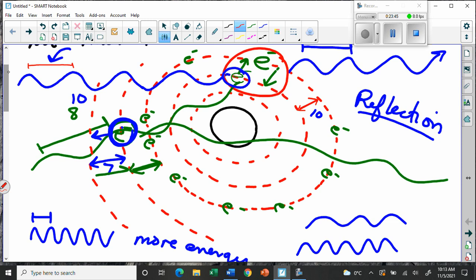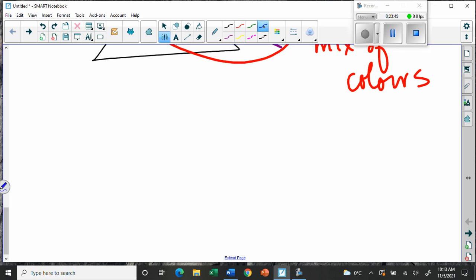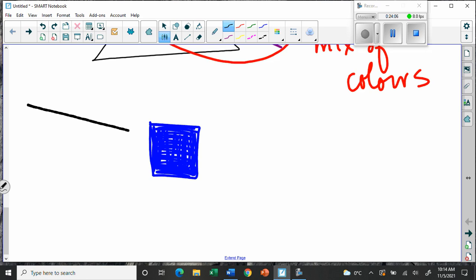So the molecules in this book that I'm holding, here, let me just draw this. Let's just draw a blue object here. So here's an object that's blue. Okay, so all the colors of the rainbow are hitting it. All the light is hitting it. So if white light comes in like this, now I know it looks black, but remember, this is white.